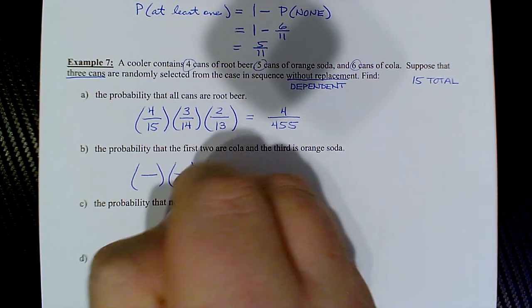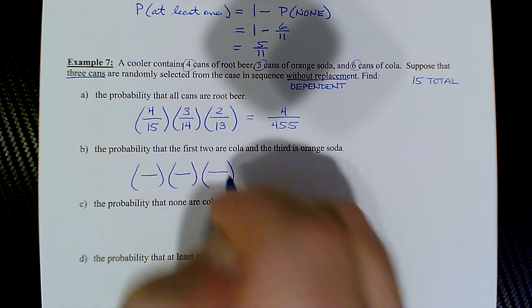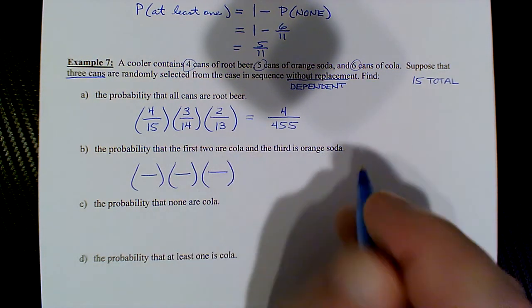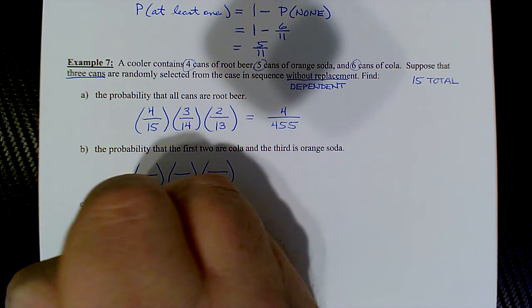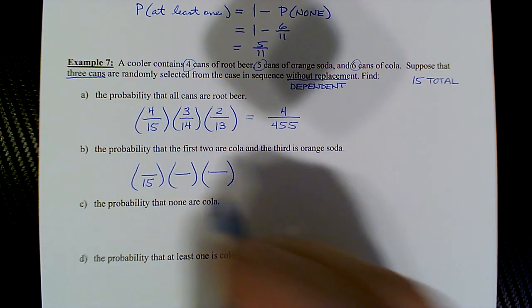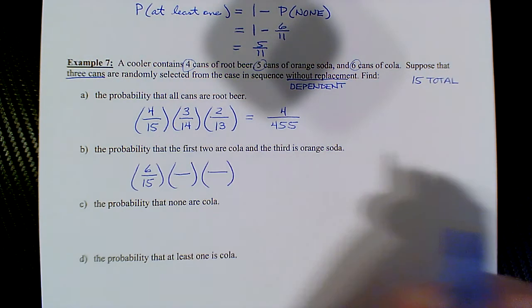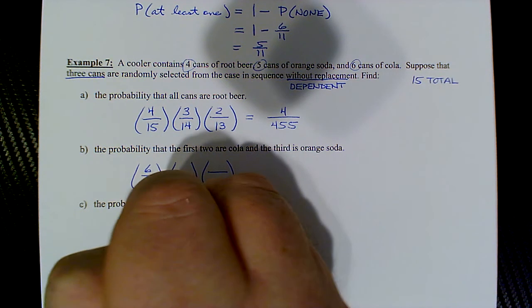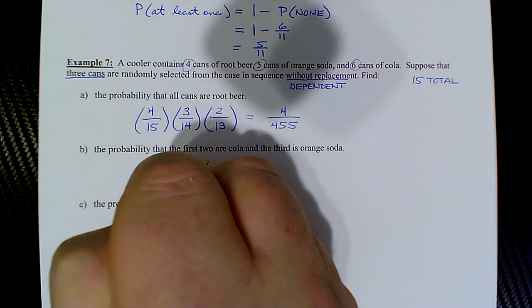So without bogging ourselves down with the notation, we want the first 2 are cola, third is orange. First one cola, there's 15 total. 6 are cola, so 6 out of 15. Next time that cola is gone, there's only 14 left to choose from, 5 of which are now cola.